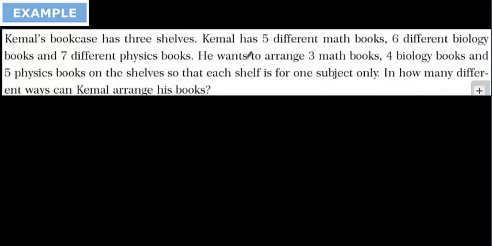We are going to do it like this. 5 different math books he has, so we are going to do permutation 5 with 3, because from 5 we are going to select 3 of them, and times, not plus, because we are doing this at the same time, permutation 6 with 4, times permutation 7 with 5, it's going to be.